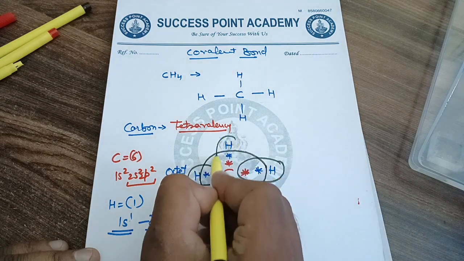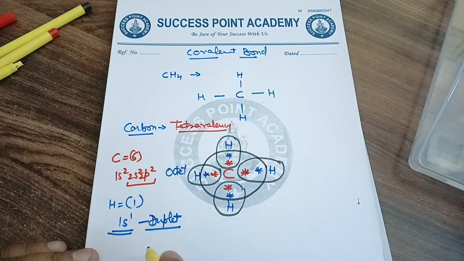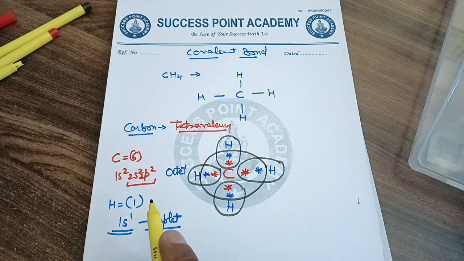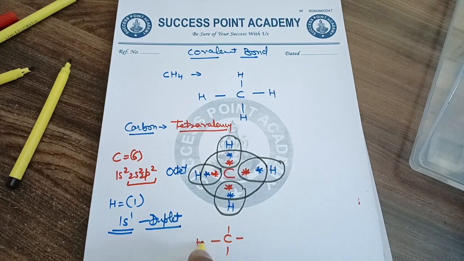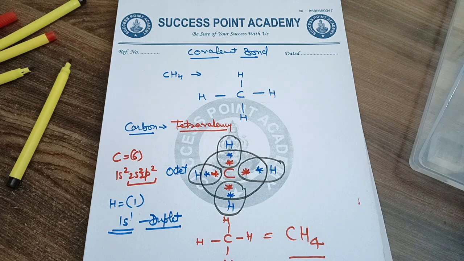So they will achieve their stable structure, that is duplet and octet, and then the methane molecule is a stable molecule. So it becomes like this, which we generally write as CH4, that is methane. It is a good example of covalent bonding.